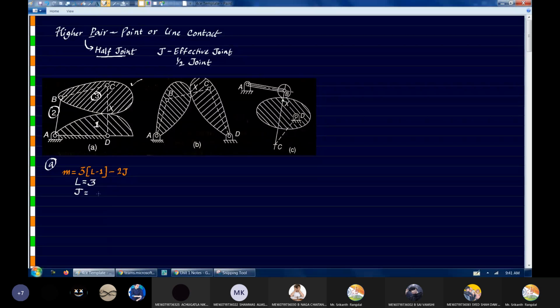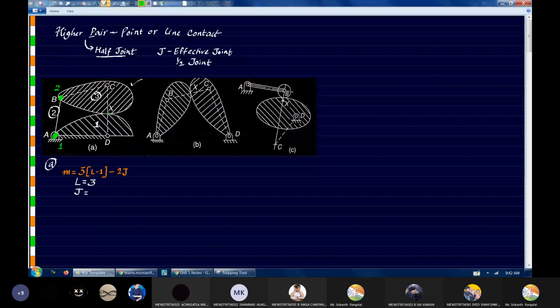Then coming to the joints. How many joints are there here? This is a revolute joint, so we count this as 1, the first revolute joint. Here again you can see that 2 links are joining, so this is again a binary link, and we count this as 1 joint.